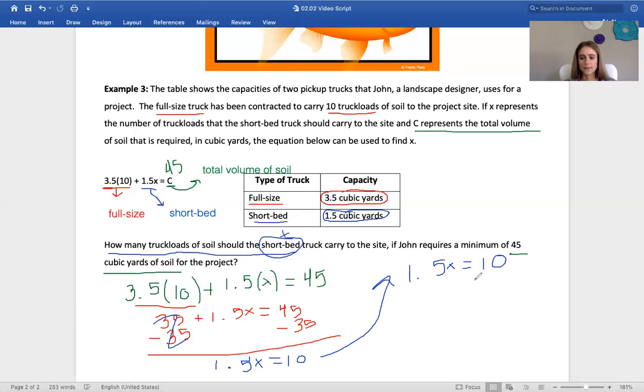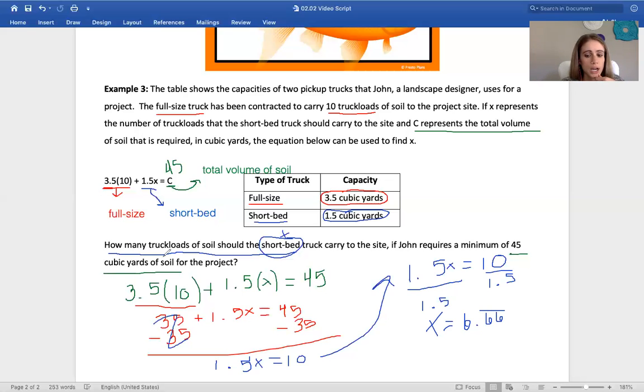What we have left is, we're close, so now we need to divide both sides because that is the inverse of multiplication. So x is equal to 6 66/10 repeating. We solved for x, but let's go back and revisit the question to see what it was.